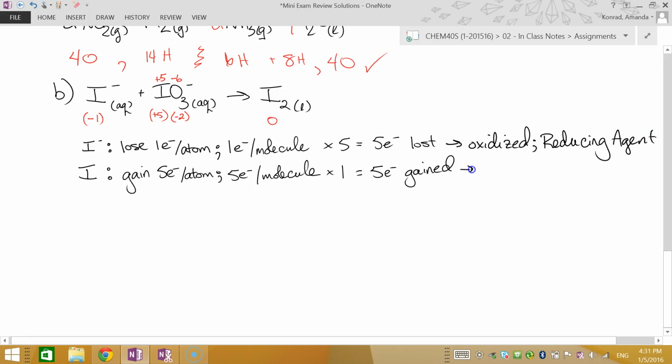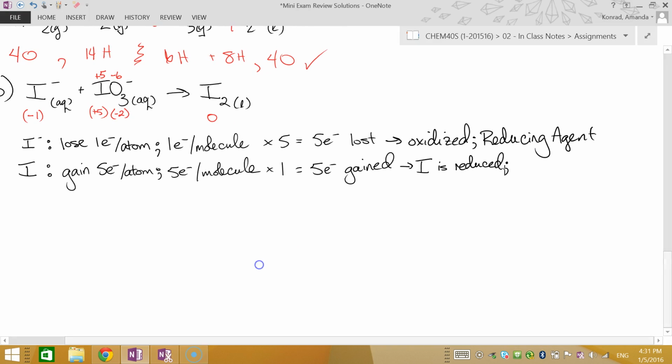In this case, we can say that iodine is reduced, but it's not actually just the iodine that's the oxidizing agent. It's the whole molecule that it's a part of.